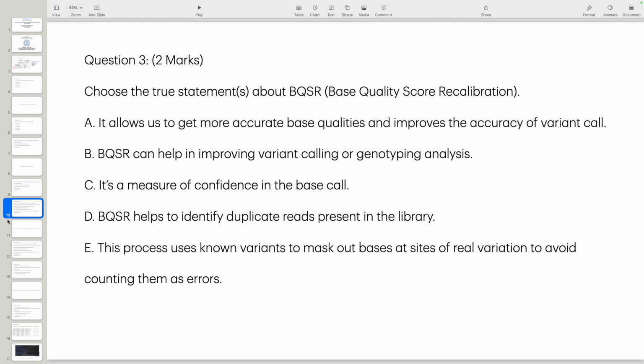Let's move to question number 3. Question number 3 states: choose the true statements about BQSR, base quality score recalibration. Go through the options and try to answer this question.